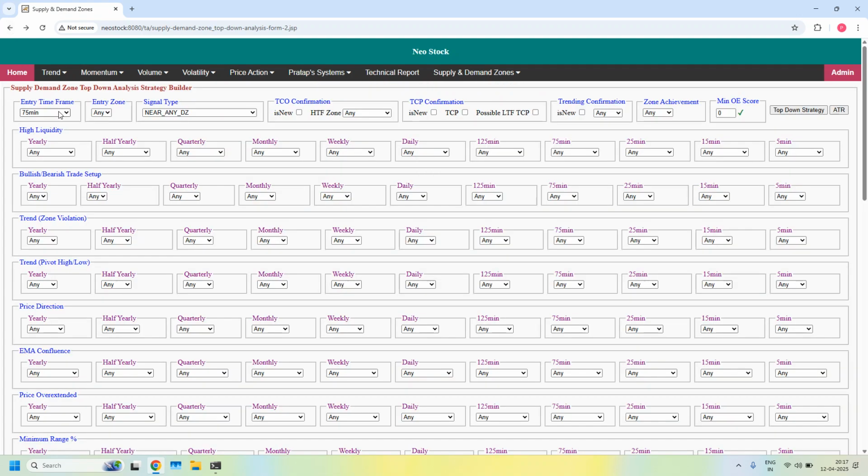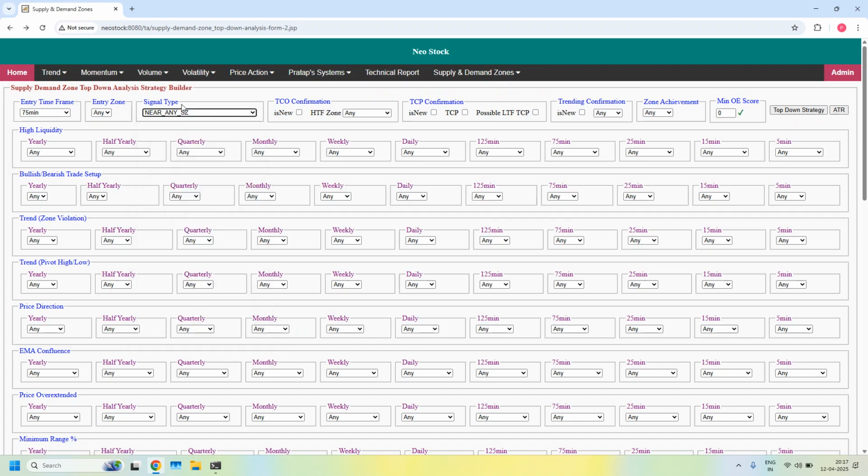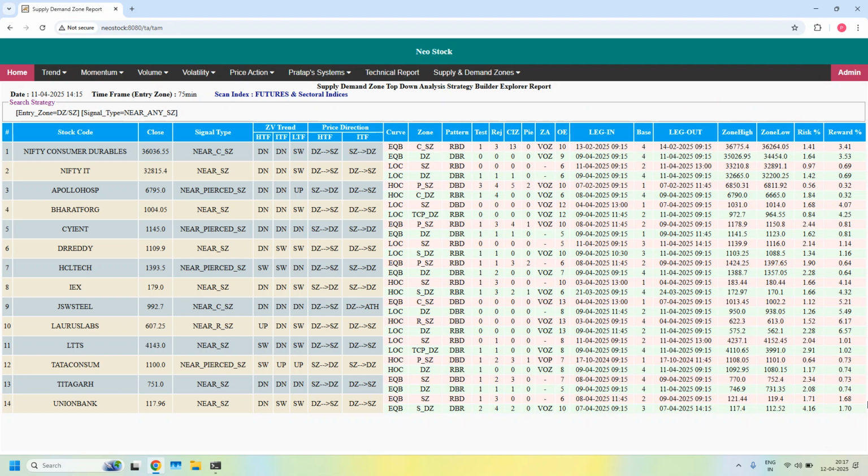Next, 75 minutes time frame. Let us find the stocks near the 75 minute supply zone. We got 14 stocks. Let us identify high liquidity supply zones. First one, NIFTY consumers, is not valid because it is not listed in F&O.